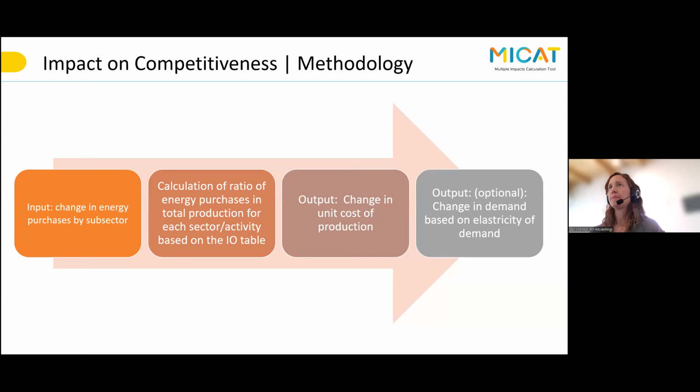So this is a brief description of how we approached these three different types of indicators on understanding the implications of energy efficiency measures on GDP, employment, and competitiveness.